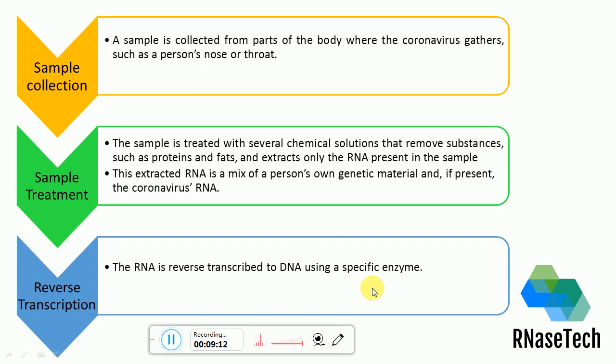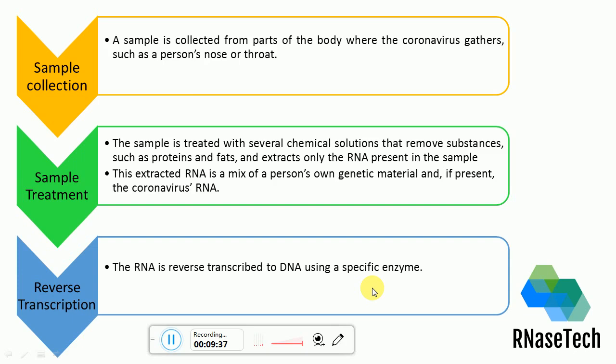DNA polymerase works only on DNA. So here we have to convert this RNA into DNA first, and only then will the process of PCR happen. So the first step in the RT-PCR process is the reverse transcription of RNA to DNA, and the enzyme doing that is reverse transcriptase.